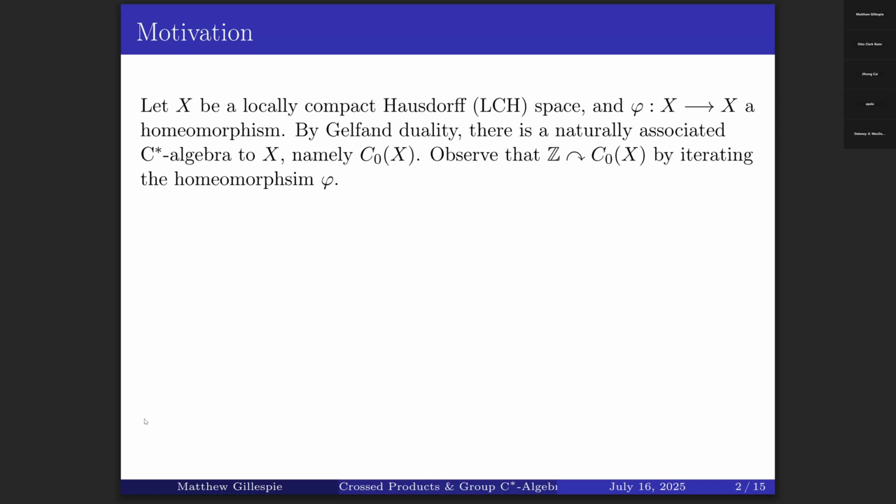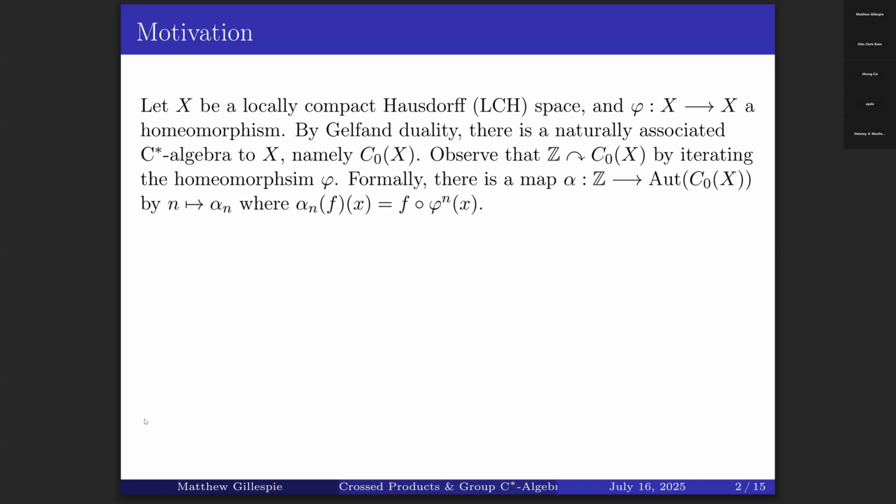To say that formally, there is a group homomorphism alpha from the integers to the automorphism group of C0 of X that takes an integer n and sends it to alpha sub n. Alpha sub n is an automorphism of C0, so I apply it to a function f and that gives me another function in C0, and when I evaluate that at x, it is given by the rule f applied to phi to the n of x.